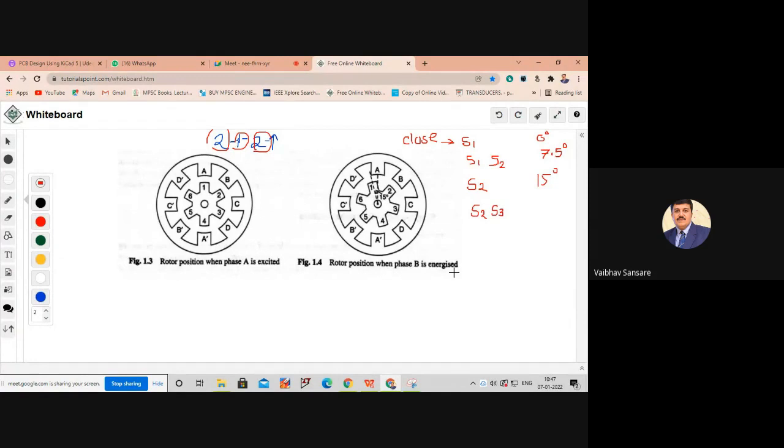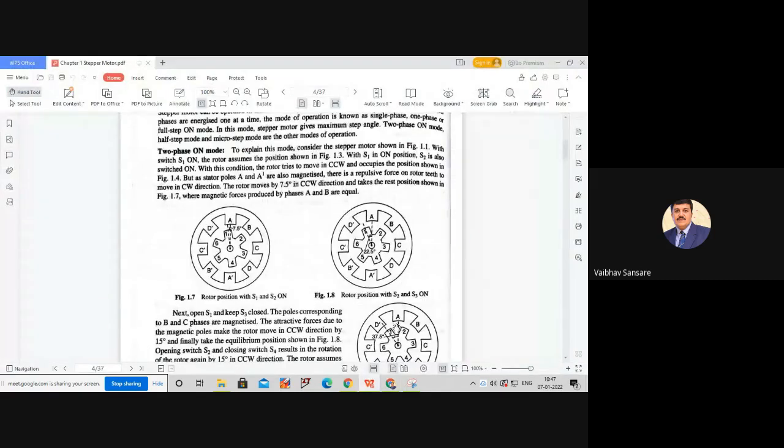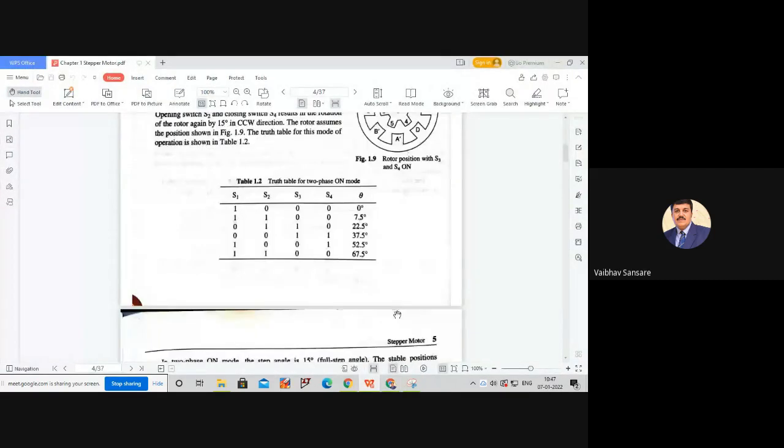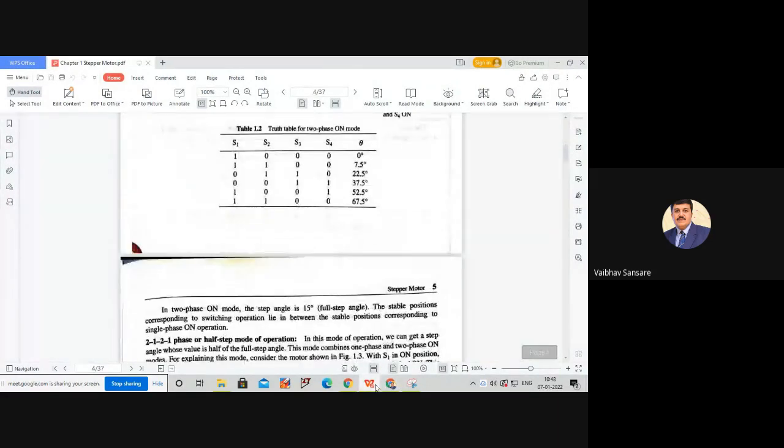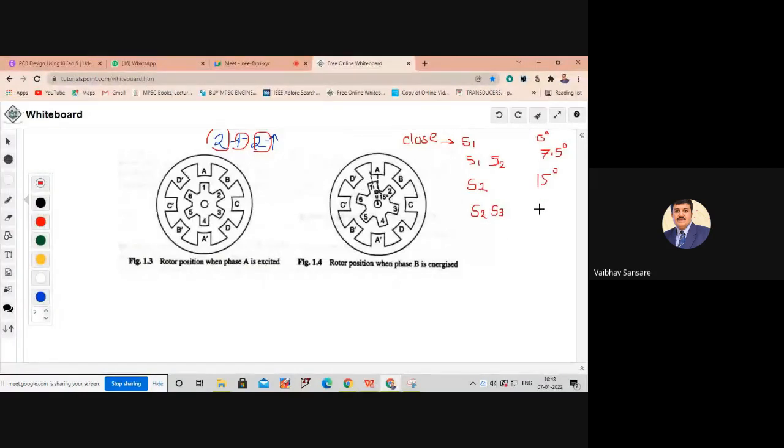So effectively the rotor will rotate by 7.5 degree in counterclockwise direction. So here the rotor will attain a new position in counterclockwise direction by 7.5 degree. Okay, so what will be the next position? Next position is 22.5 degree in counterclockwise direction from its initial state.